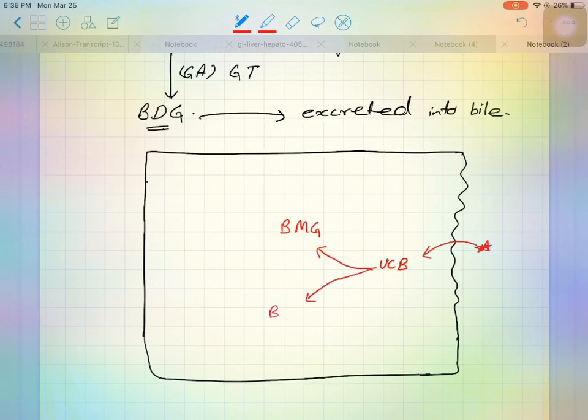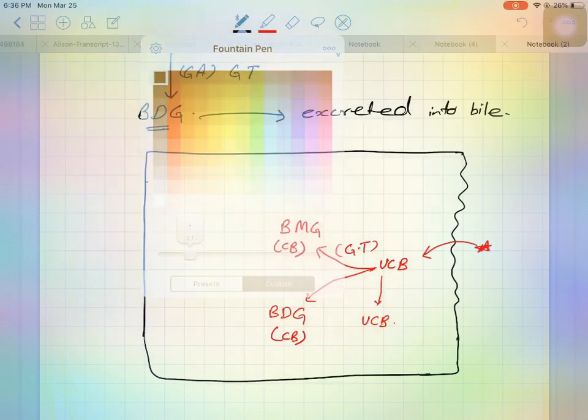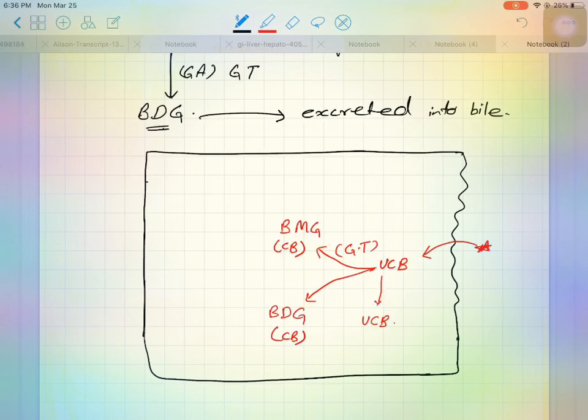Number two, bilirubin diglucuronate, with the help of the glucuronyl transferase enzyme, and a very little amount still remains in the unconjugated form. So this is conjugated bilirubin and this is also conjugated bilirubin. This is the conjugation process. After the conjugation, the conjugated bilirubin is excreted into the biliary canaliculi.